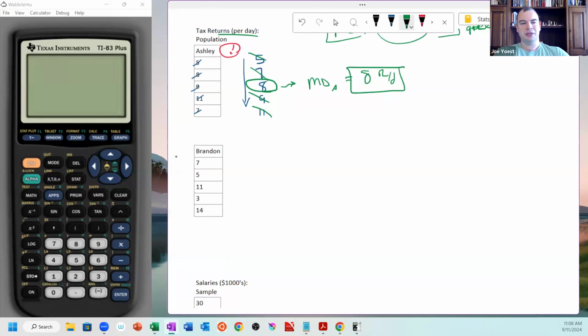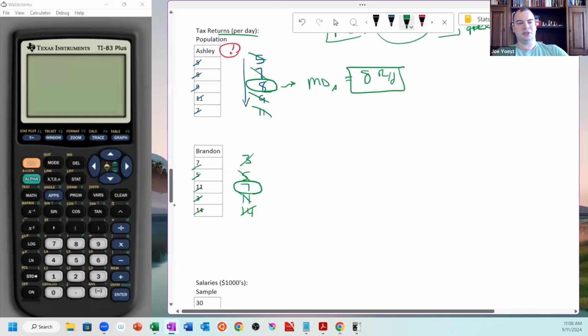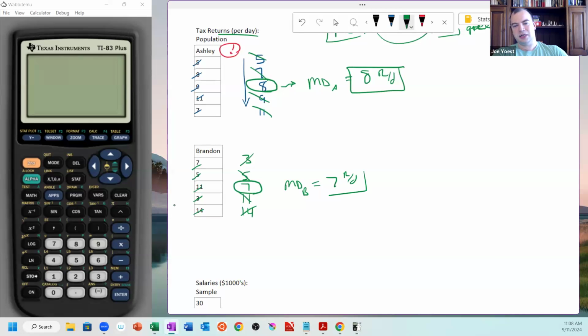For Brandon, we do the same thing. We order first: 3, 5, 7, 11, 14. Cancel the smallest with the largest, next smallest with next largest. If I go any further, I don't have anything else to cancel. So the median for Brandon is actually 7 returns per day.